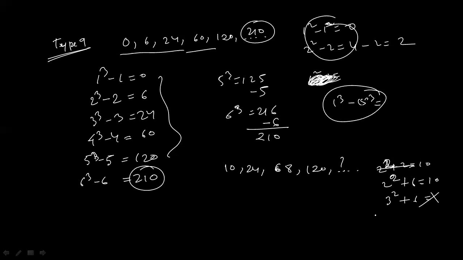Then if you subtract, 2 square minus 6 will be negative, so it will not be this one. So now if you look at the cube, 2 cube plus 2, 8 plus 2, 10. Now see, it may be a combination of plus and minus also.